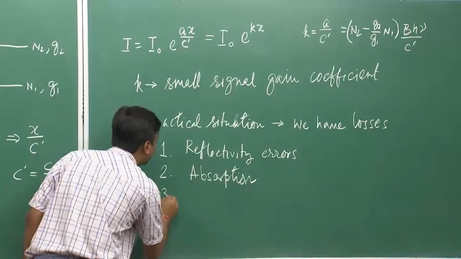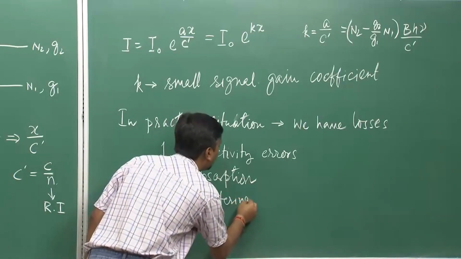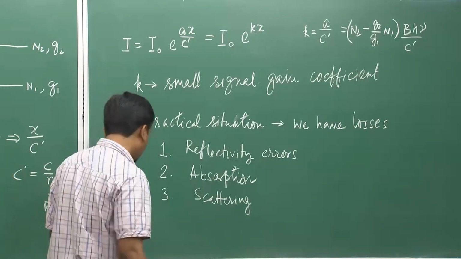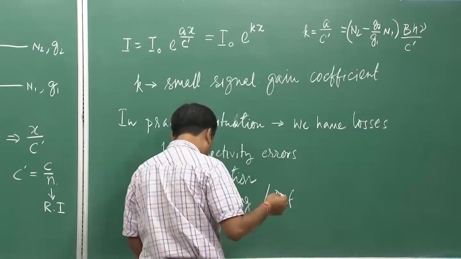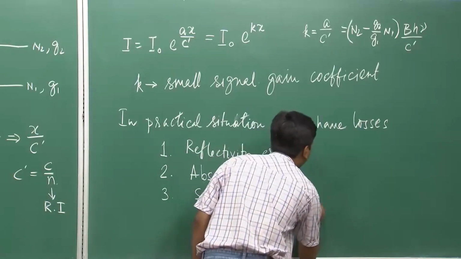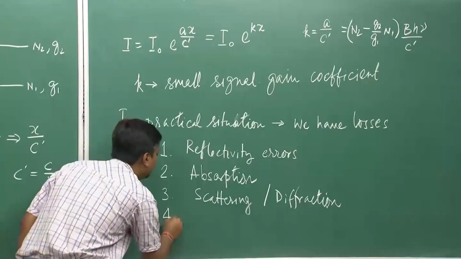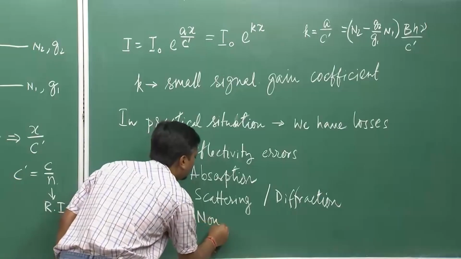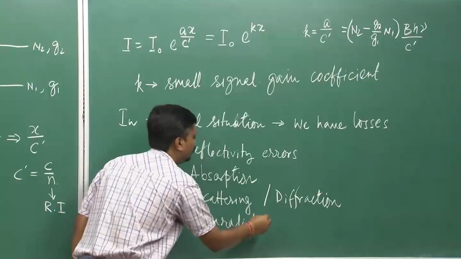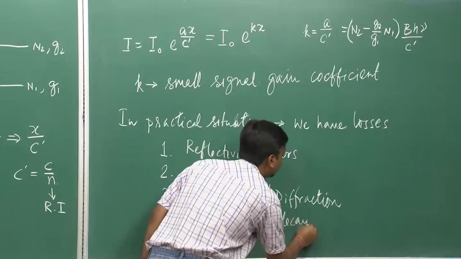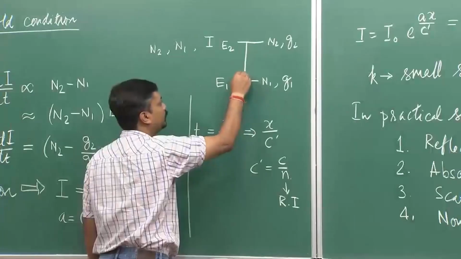There can be scattering, there can be diffraction, there can be non-radiative decays, which means that I want lasing, I want stimulated emission from here to here.